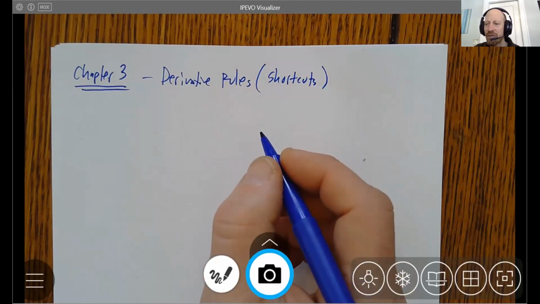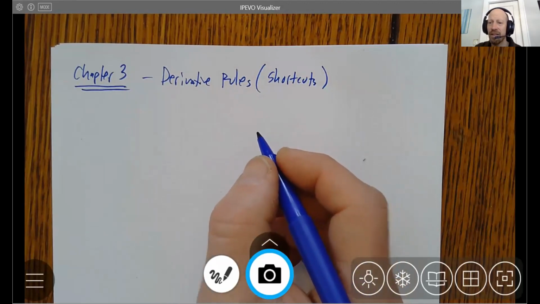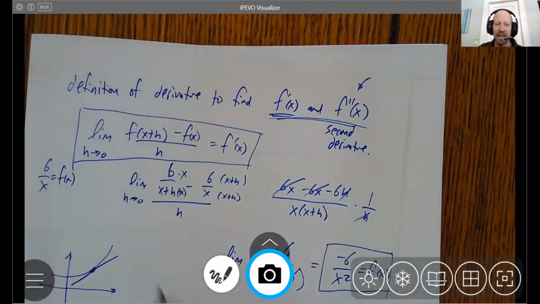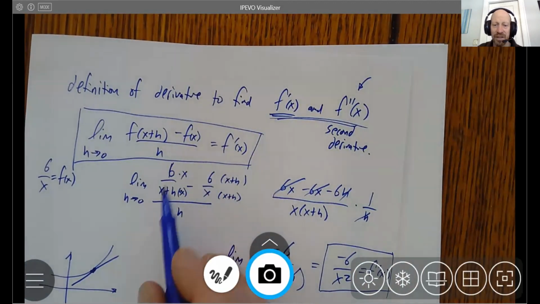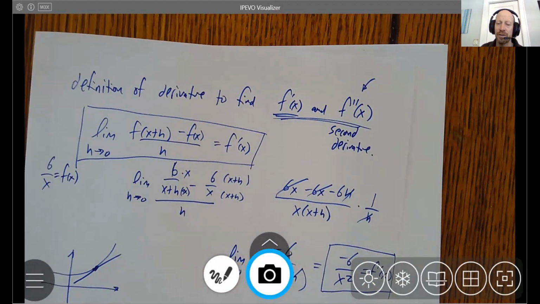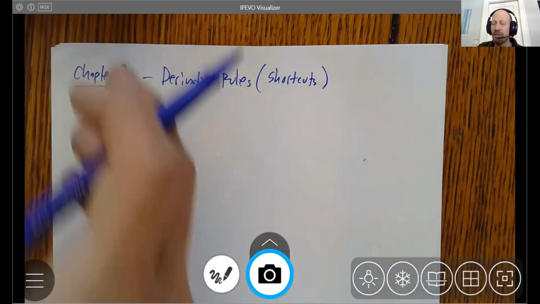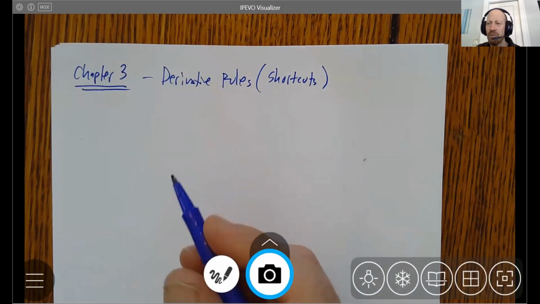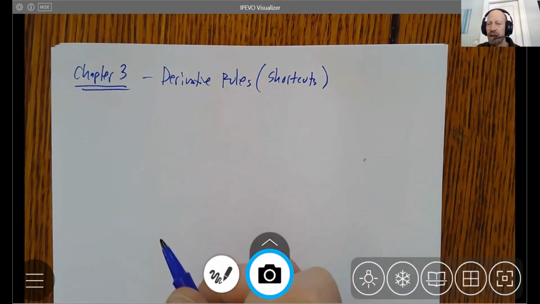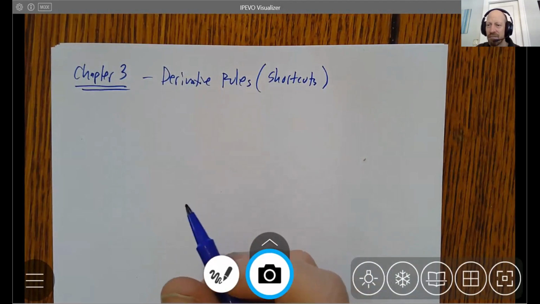The problem is, to do that, we have to actually get kind of lucky, right? We were able to do it in this case without too much trouble, but there's lots of functions where we don't really have the tools to even find those limits directly using that definition. And it's a lot of work, even if we can do it.